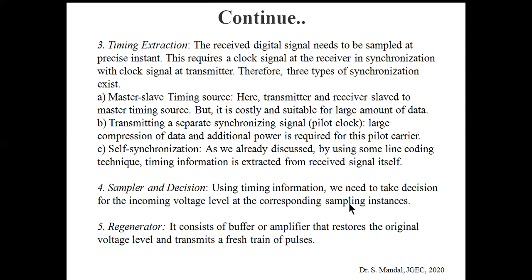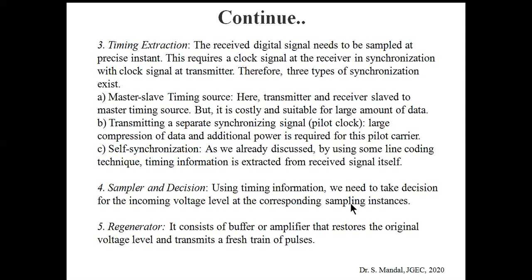That means there is a completely separate timing source, whose frequency is already known to both the transmitter and receiver ends, and from there we can use the generated clock signal. It is costly and suitable for a large amount of data.